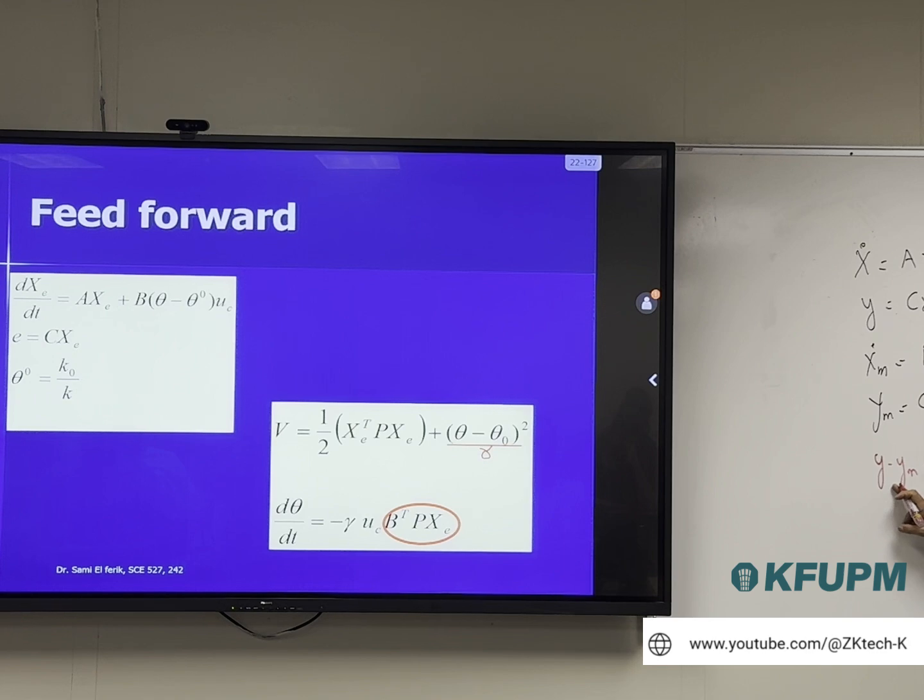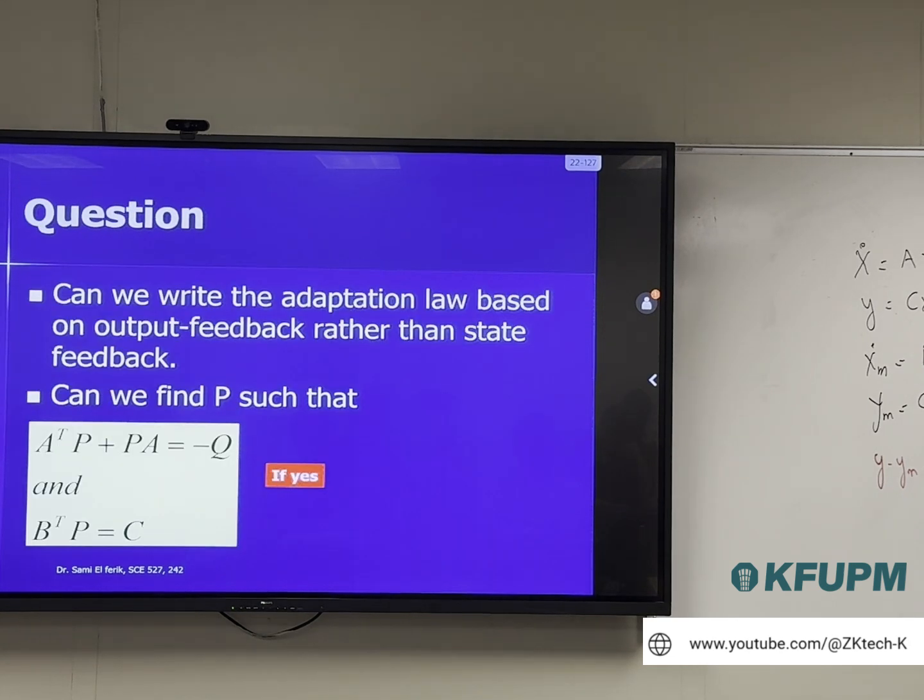And then it becomes based on the output feedback. So the state feedback and the output feedback are equivalent. These are the results.